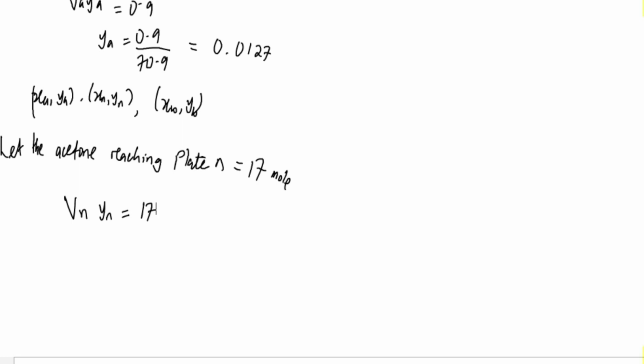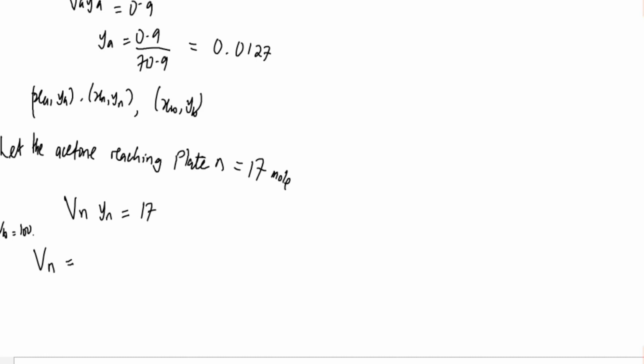So what is going to be my Vn now? We know that at Vb it's 100 mole altogether that comes in, of which 70 is air and 30 is acetone.